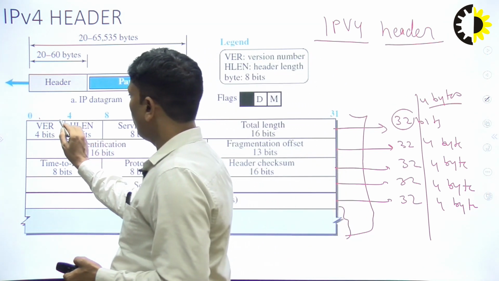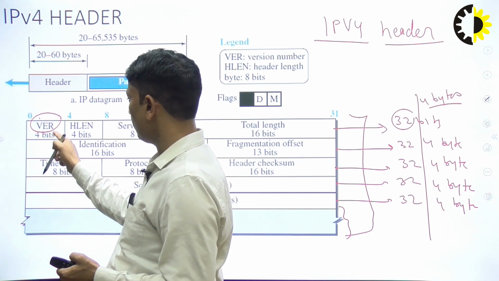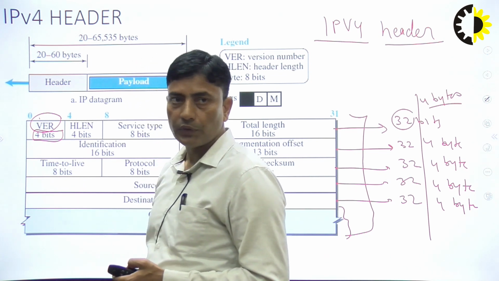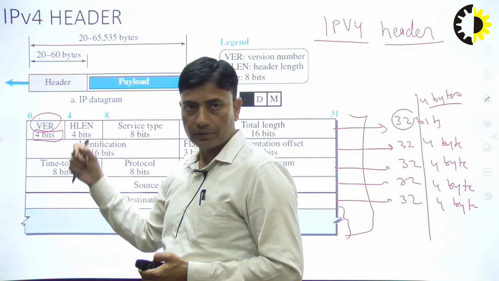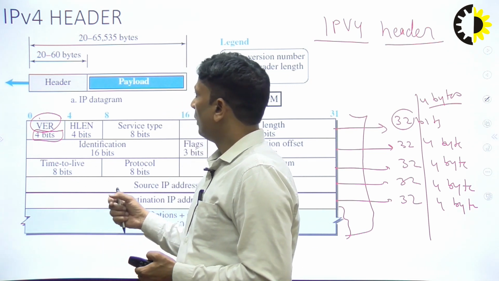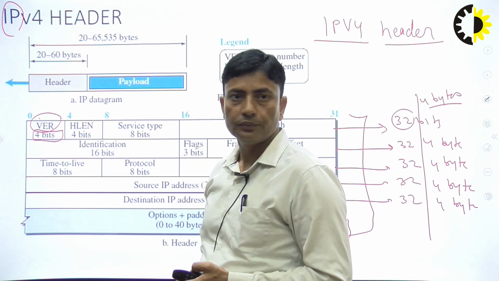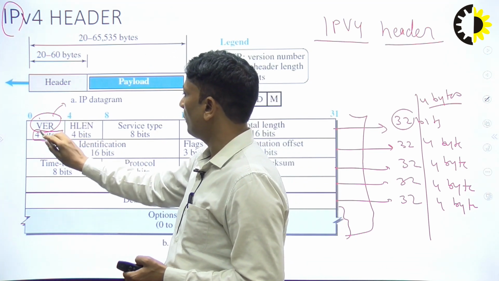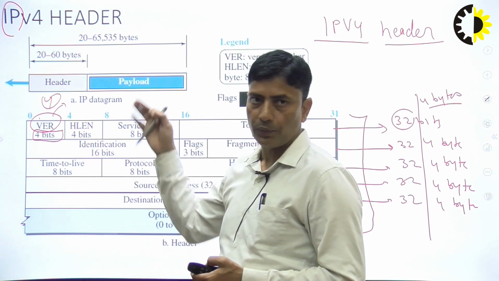The very first field is the version field, which consists of 4 bits. That means the first 4 bits are reserved for the version, meaning the version of this internet protocol. Certainly this is version 4, so the value of VER will always be 4 for IPv4.